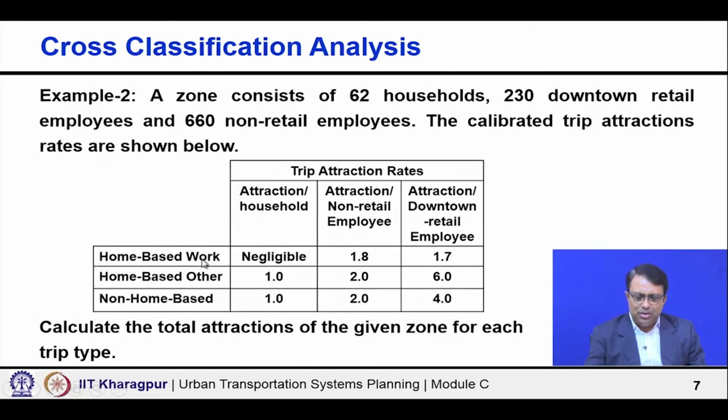Home based other will have three components: attraction per household, then attraction per non-retail employee and attraction for downtown retail. This attraction per household, you might say these are not household trips, but it is the trips of persons other than the residents of the trip maker. So, these rates 1, 2 and 6 are known.